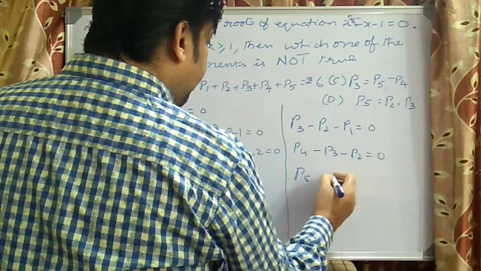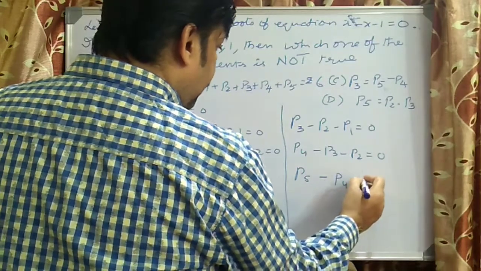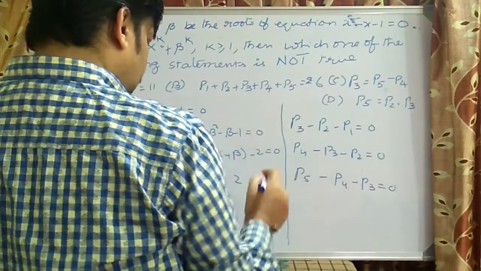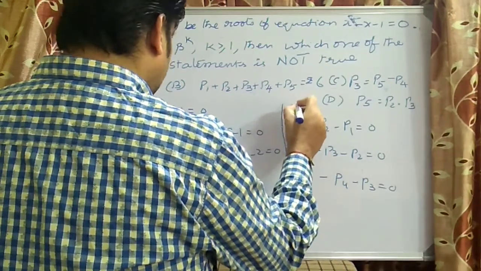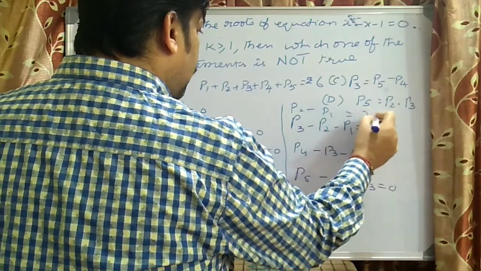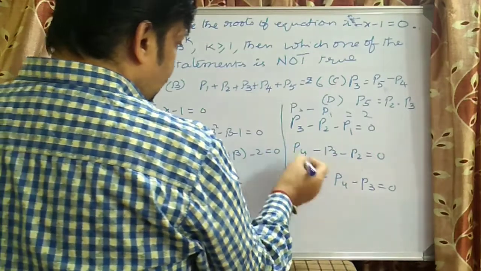P5 minus P4 minus P3 is equal to 0. Already I have the equation P2 minus P1 is equal to 2. Now adding continuously, you can see P4 is cancelled.